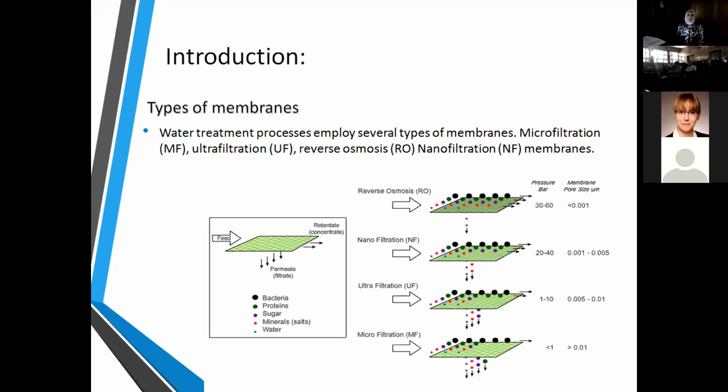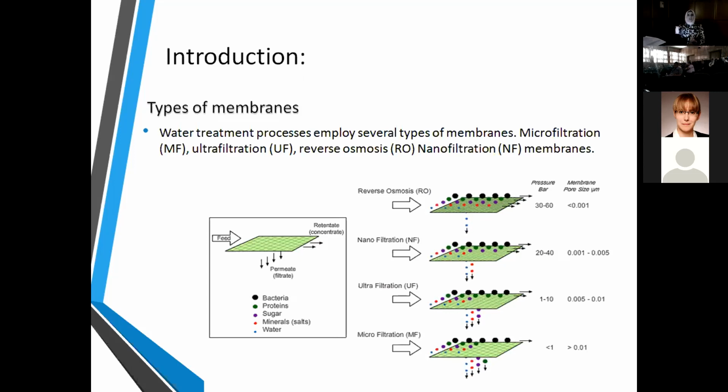As we know, there are 4 types of membrane for water treatment: microfiltration, ultrafiltration, nanofiltration, and RO. These differ in pore size. Microfiltration has a pore size larger than 0.1 micrometer.